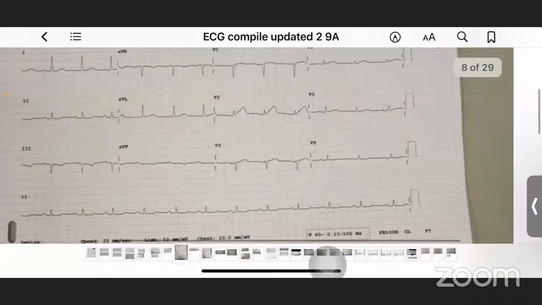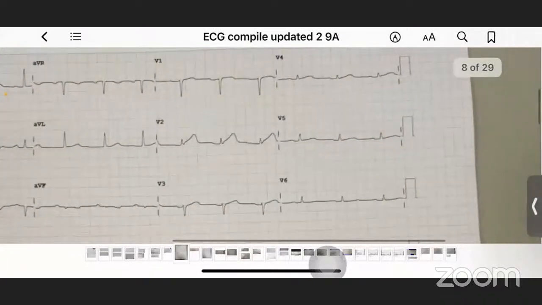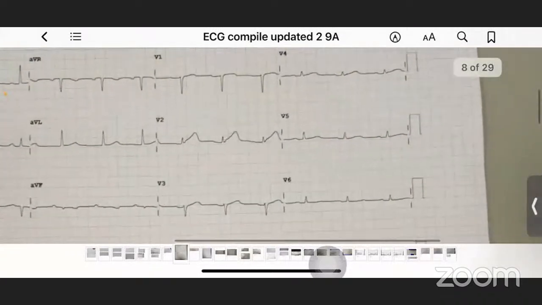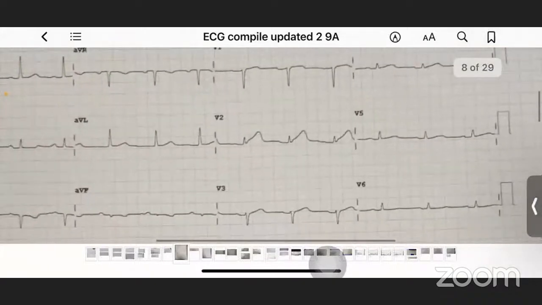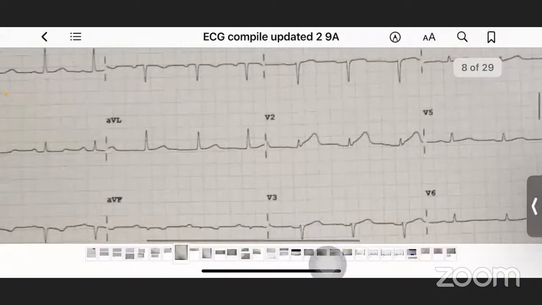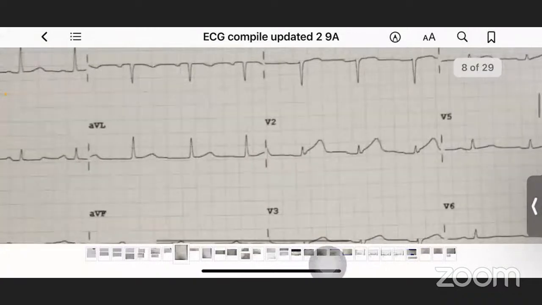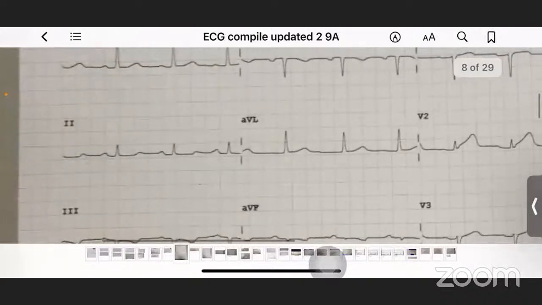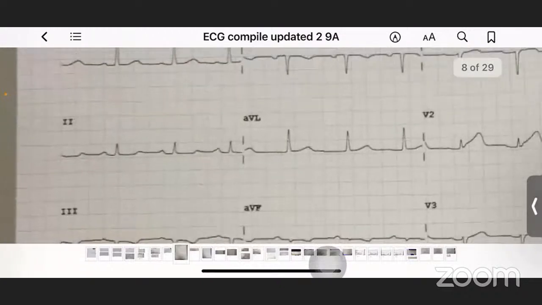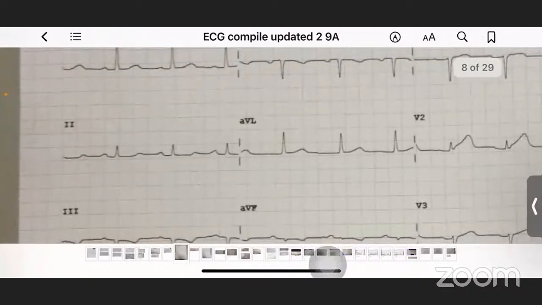V4 also got a bit, V5 also got a bit. For chest leads, it is 2 millimeter at least. For inferior leads like 2, 3, aVF, that one is called limb leads. That one, 1 millimeter, one small square is already significant.